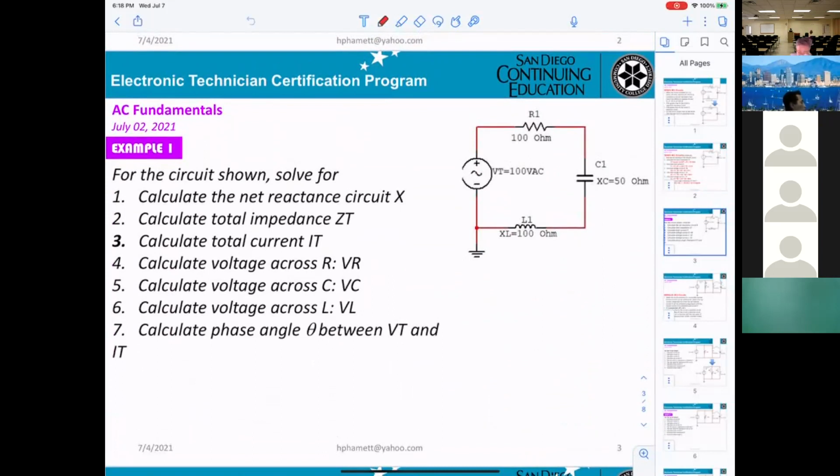Net reactance. Okay, XL minus XC, 100 minus 50, 50 ohm.